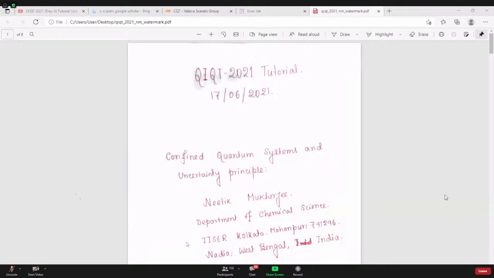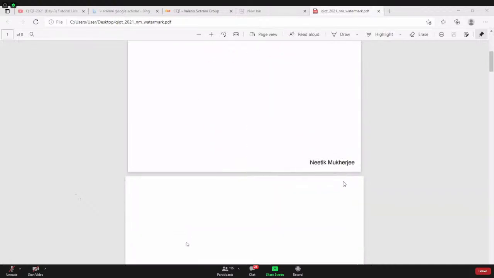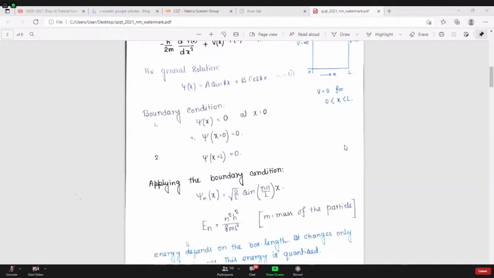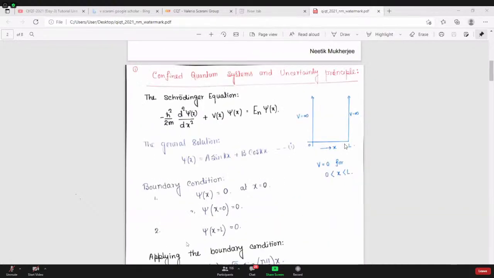Okay. So we know that for a free particle, the wave function is e to the power minus ikx or plus ikx, depending upon which direction they are moving, and the corresponding energy is ħ²k²/2m. But here, just think that we are confining that particle inside a box. And in the right-hand panel, you can see there is a picture of a particle in a box.